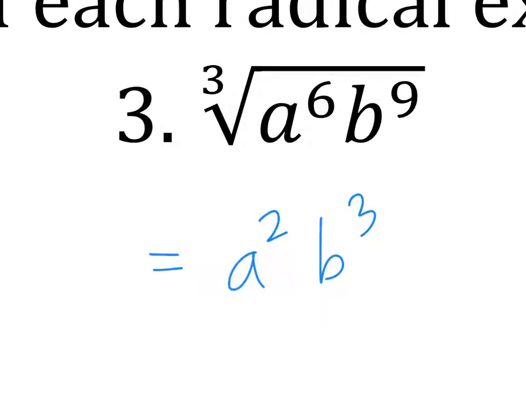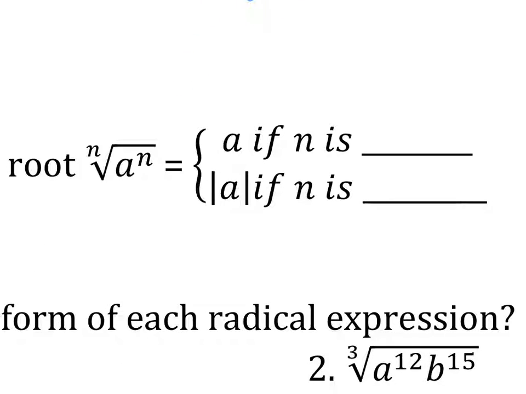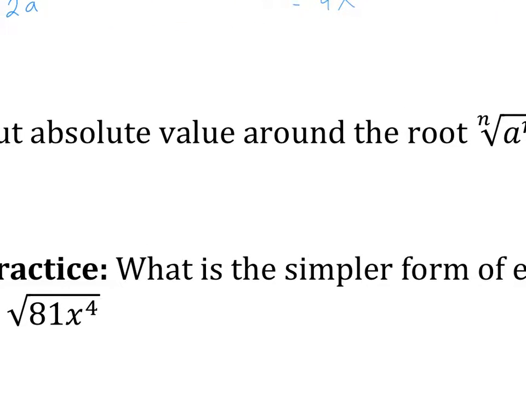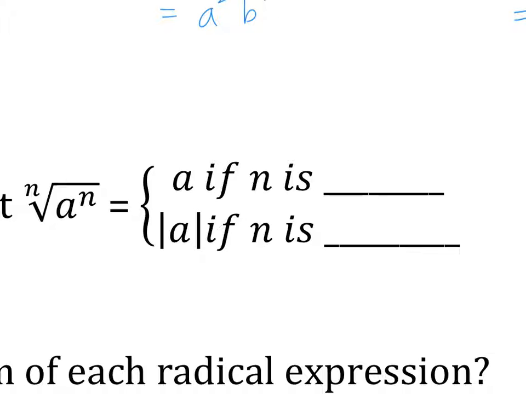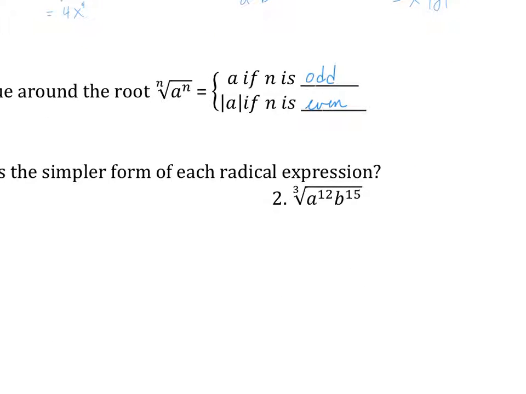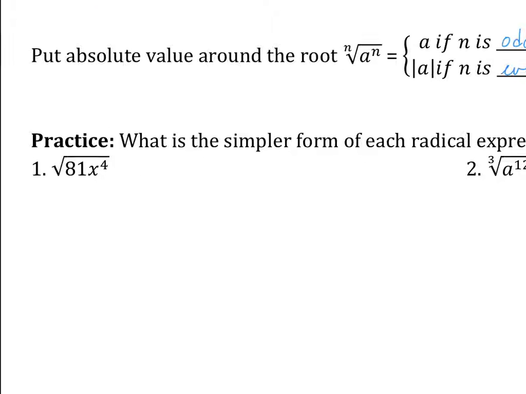Okay, so here's the rule. You need to put absolute value around the root if n is even. If it is odd, meaning the index is odd, you just don't care about it. So I am going to give you a few scenarios here. Okay, index.